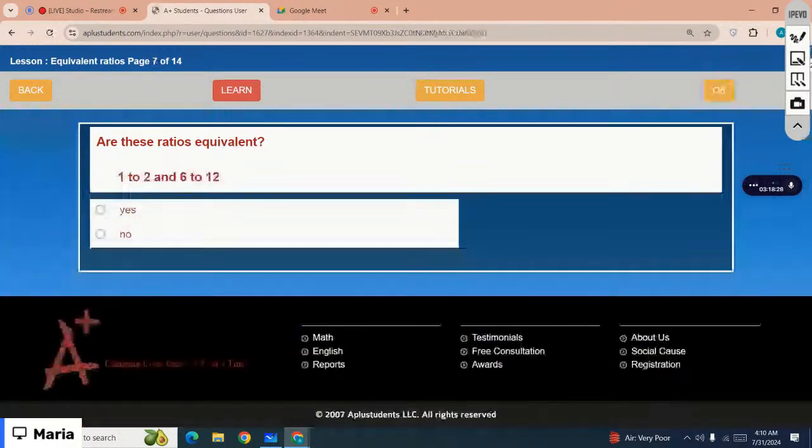Are these fractions equivalent? Yes, they are equivalent.